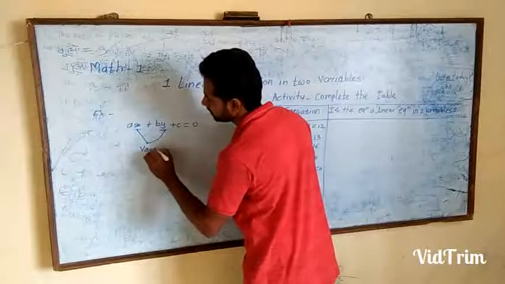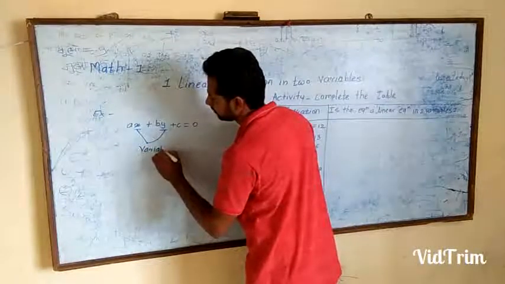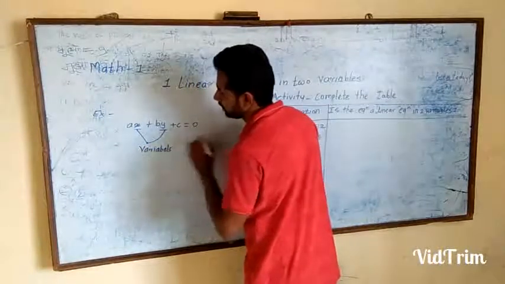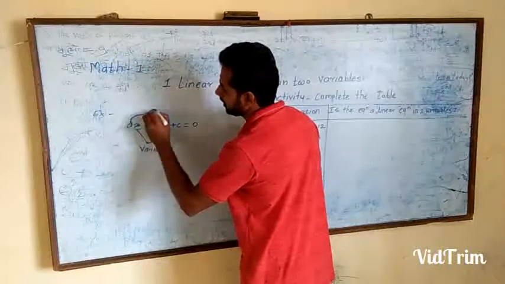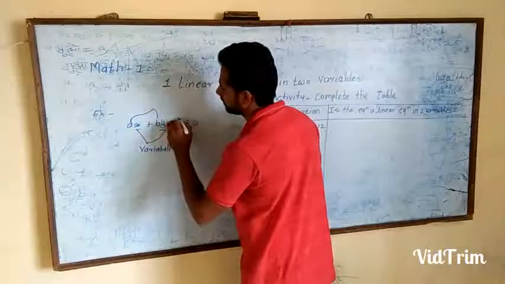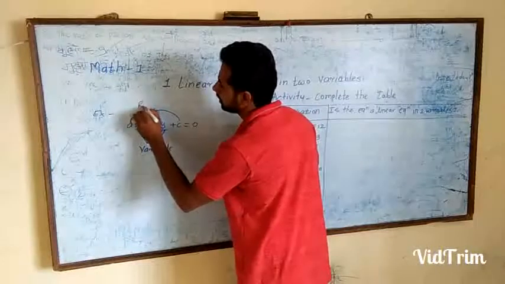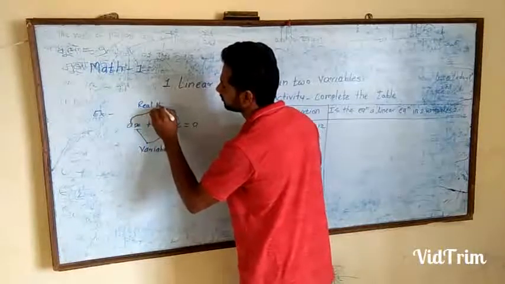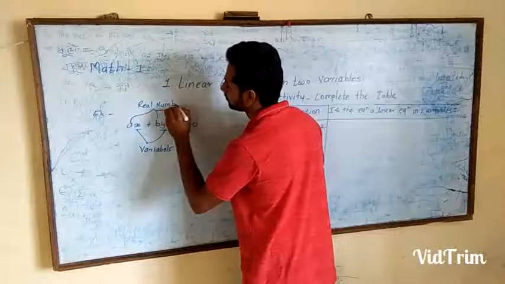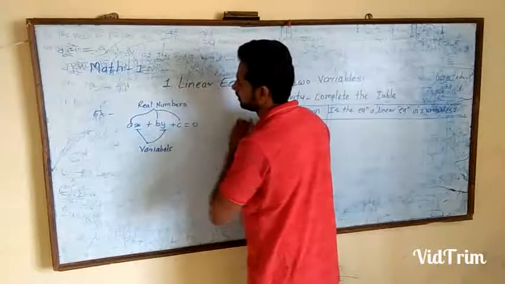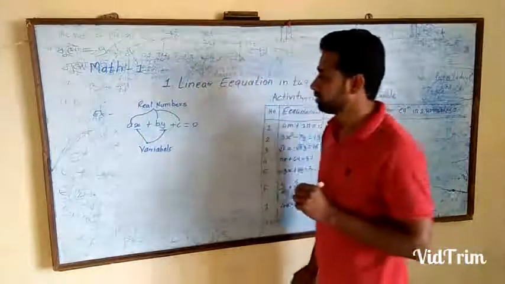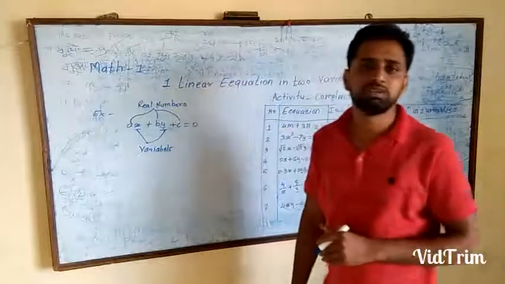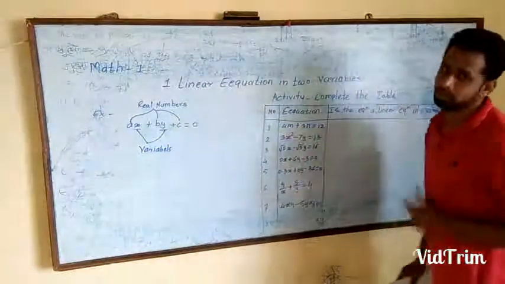These are the variables, and a, b and c. These are the real numbers. So these types of equation we call the linear equation in two variables.